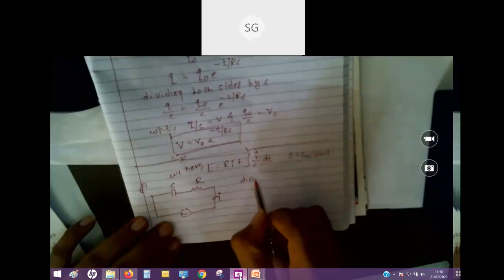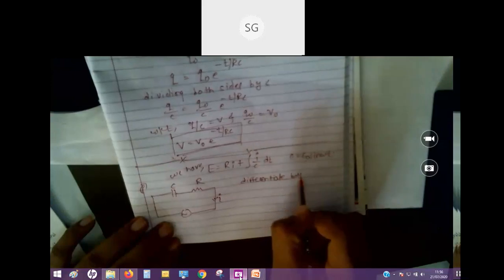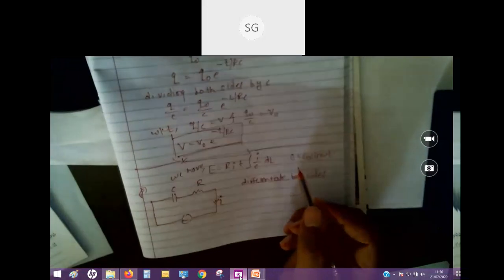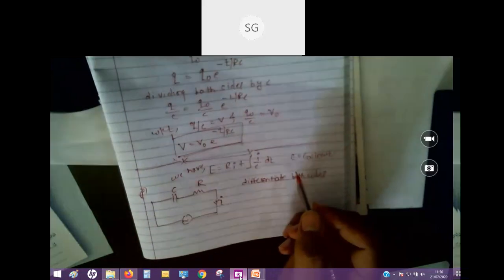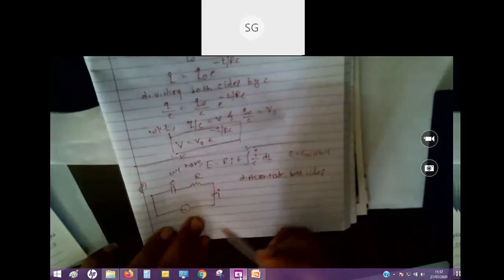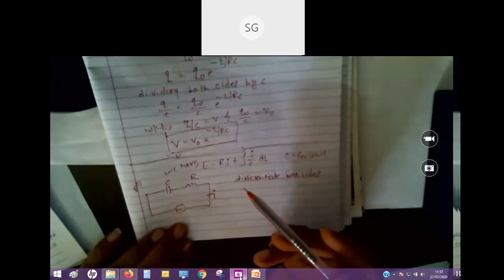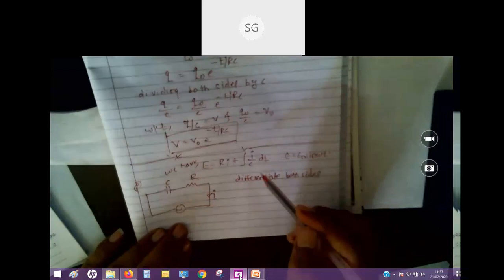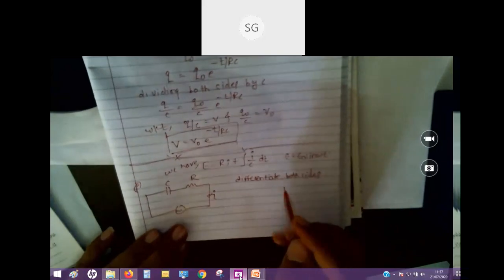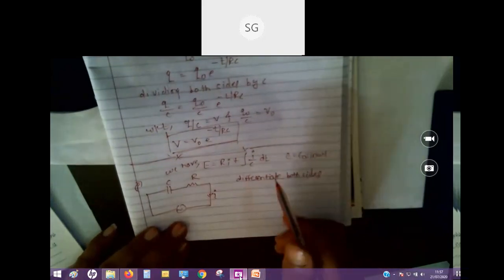We can differentiate both sides, because unless we get the equation in standard form we cannot apply the procedure for getting the solution, that is to find the integrating factor and then find the solution. I have always described to you the steps of solving such examples: please get your equation in standard first order linear differential equation form. That's why we are differentiating both sides.